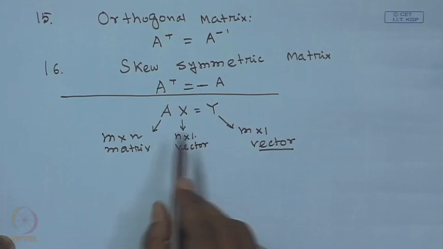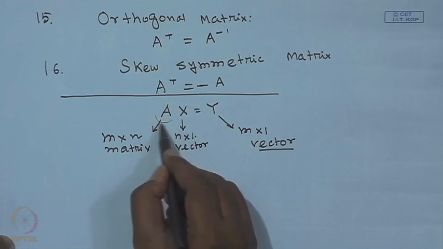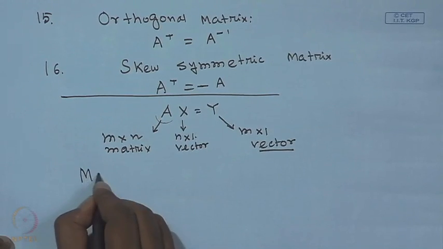So, what is A? It is like y is equal to f of x. So, A is an operator, matrix is an operator.